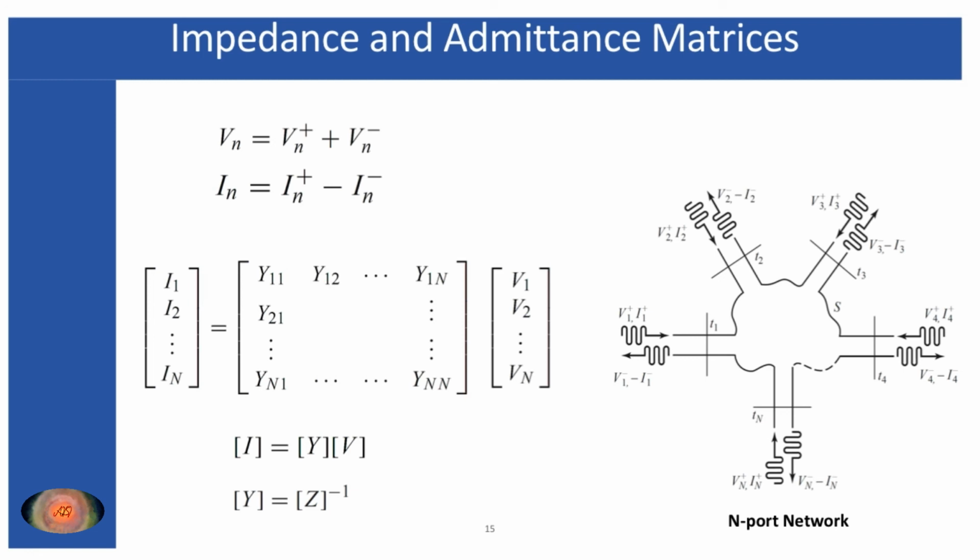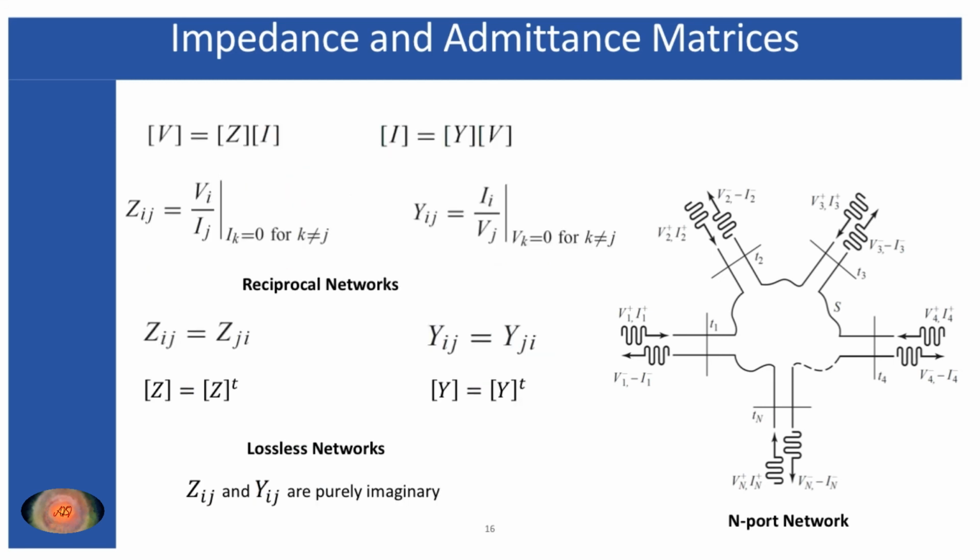In general, for an mn element, the excitation is done at the nth port, whereas the observation is done from the mth port. Because an ij element of the impedance matrix is equal to the ratio of the voltage at the ith port to the current at the jth port, provided that the current at all other ports except the jth port is equal to 0.